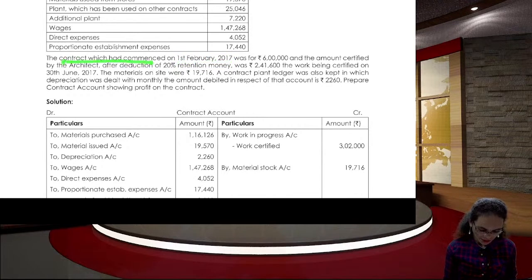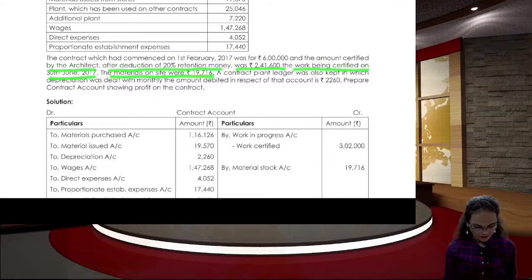The contract, which had commenced on 1st February 2017, was for 6 lakhs, and the amount certified by the architect after deduction of 20% retention money was this much, the work being certified on 30th June 2017. The material on site was 19,716.